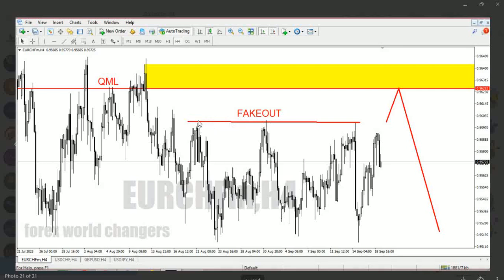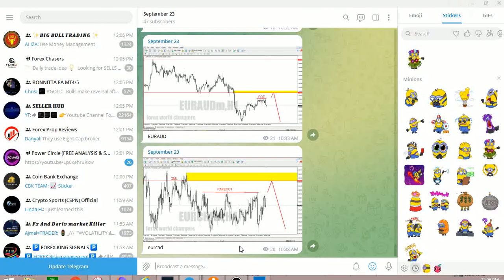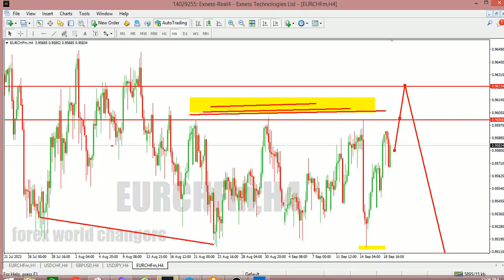I had a setup, I think it was USD ZAR. Let's look at the USD ZAR. Oh, there it is. So this was the setup I had. Let me go to the group to verify this.